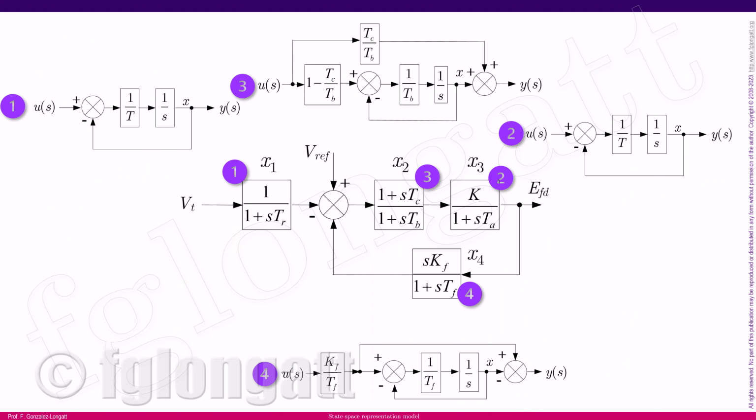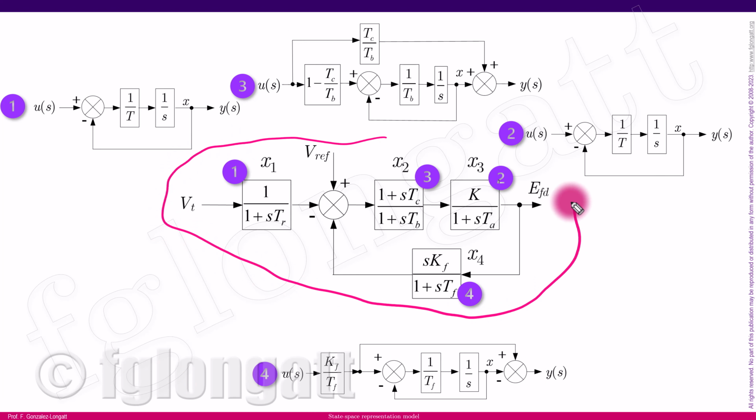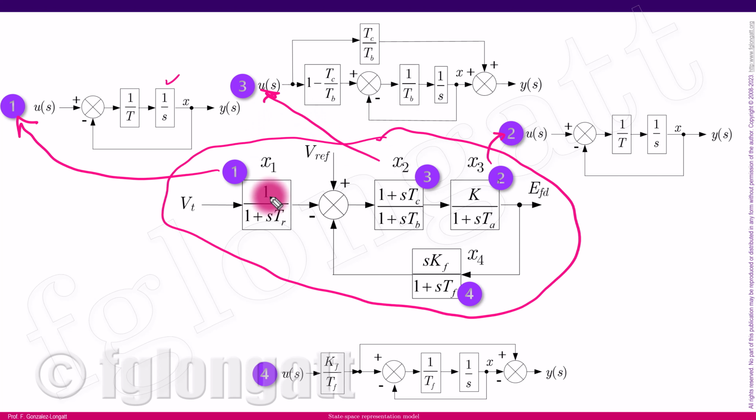Here in the next slide, you can see at the center of this slide, we have the original system. And what we have done is create a simplified version using integrators for block number 1, block number 2, number 3, and number 4.